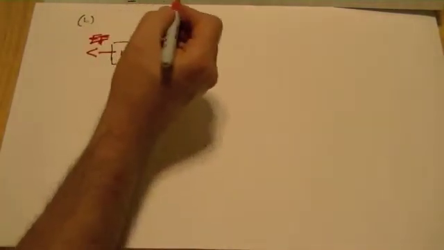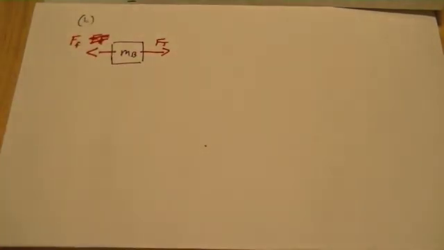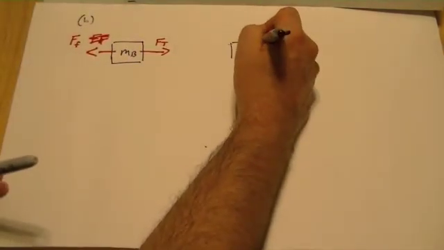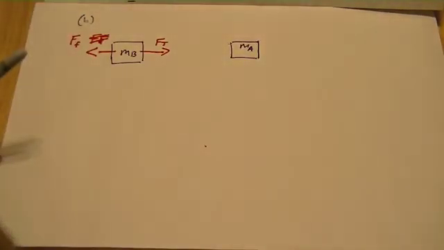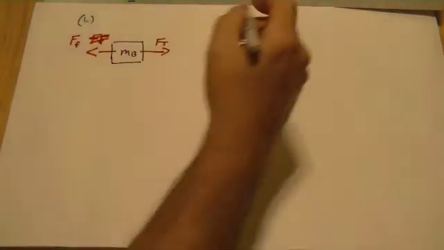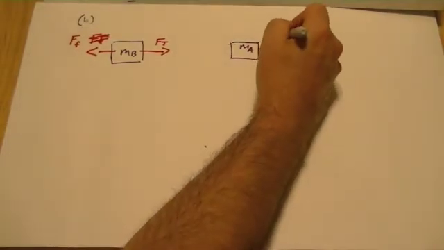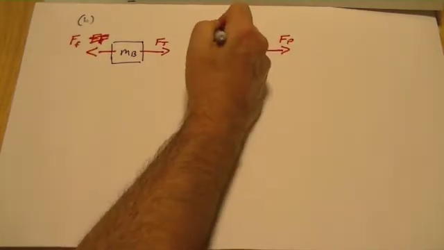Now, again, penmanship can also be your worst enemy, so let me just write force friction. And let me draw block A again. And here is mass A, and I'll add my force vectors again. So now I have force P and force tension.